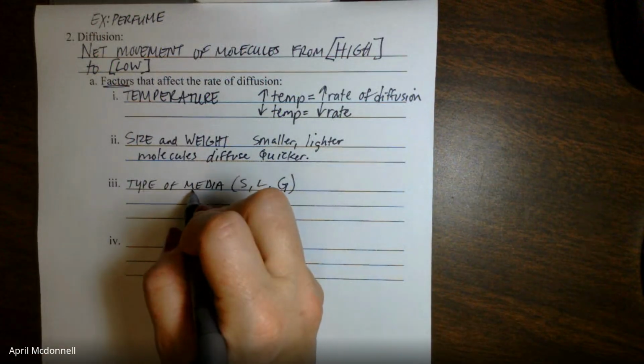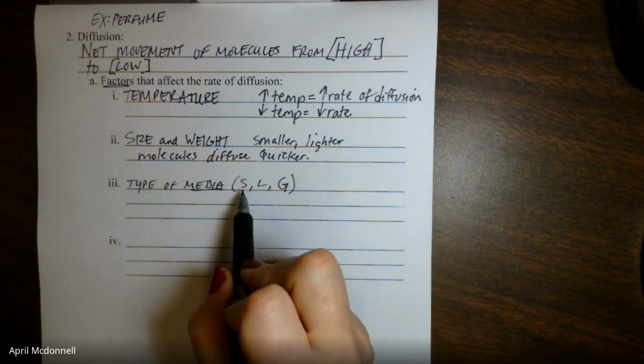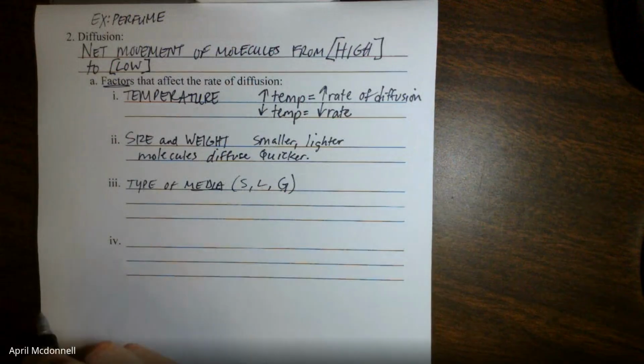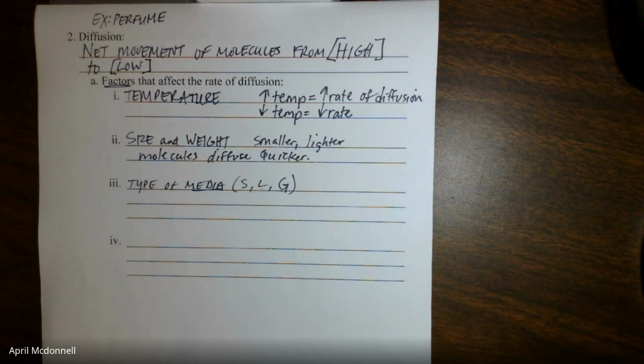So the three types of media, because we're not in chemistry, we can keep it simple, are going to be solid, liquid, and gas. So remember, our example of liquid was the water in the cup, and our example of solid was the Jello.